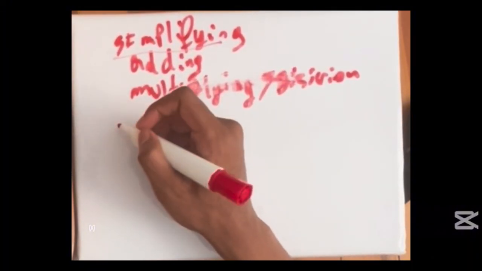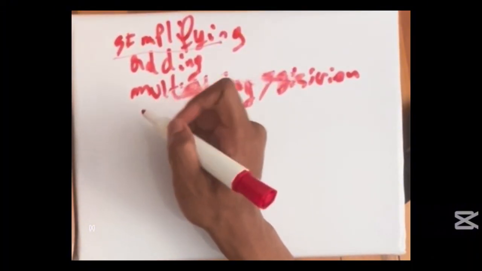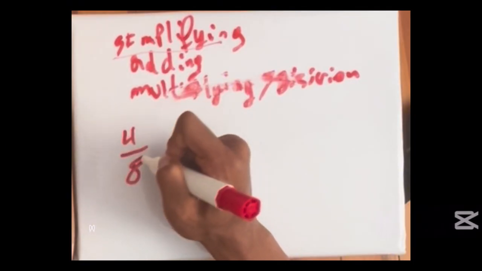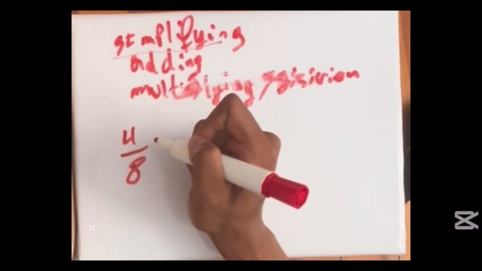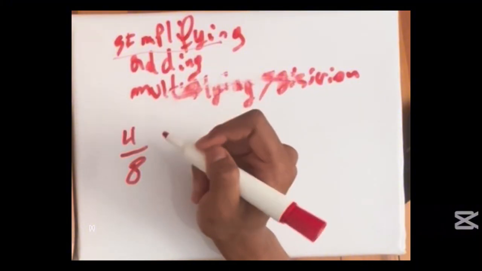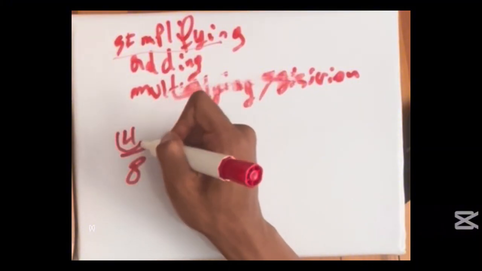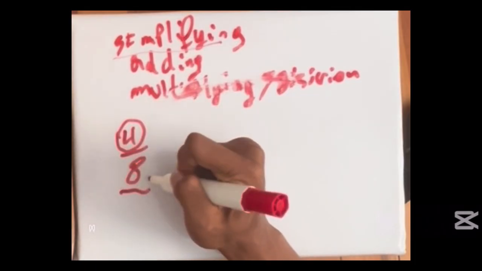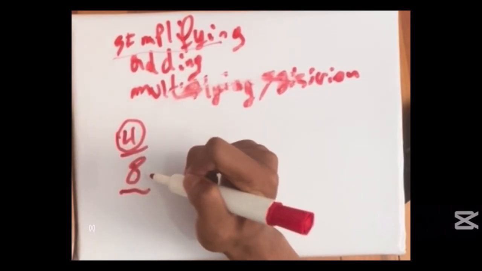So let's say you had a fraction such as 4/8. The principle of simplifying a fraction is to divide both the numerator, which is the one on the top, and the denominator, which is the one on the bottom, by the same amount.